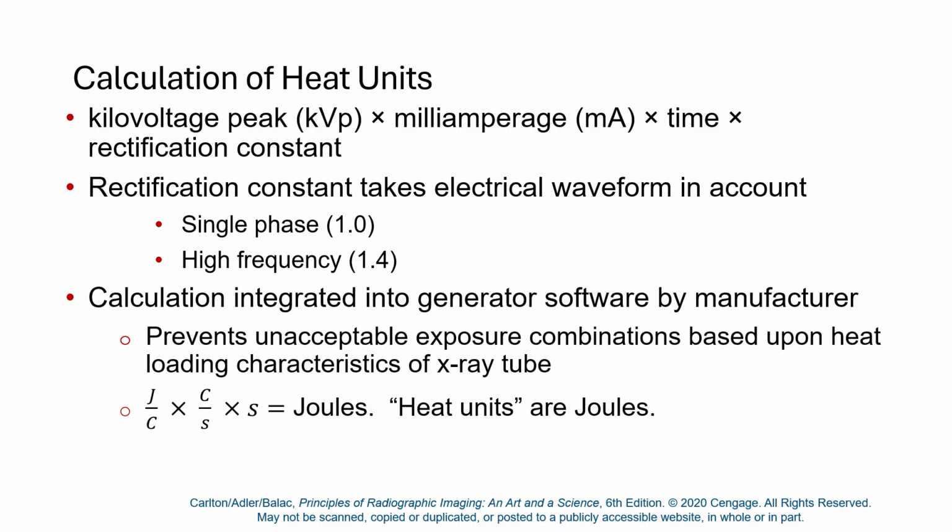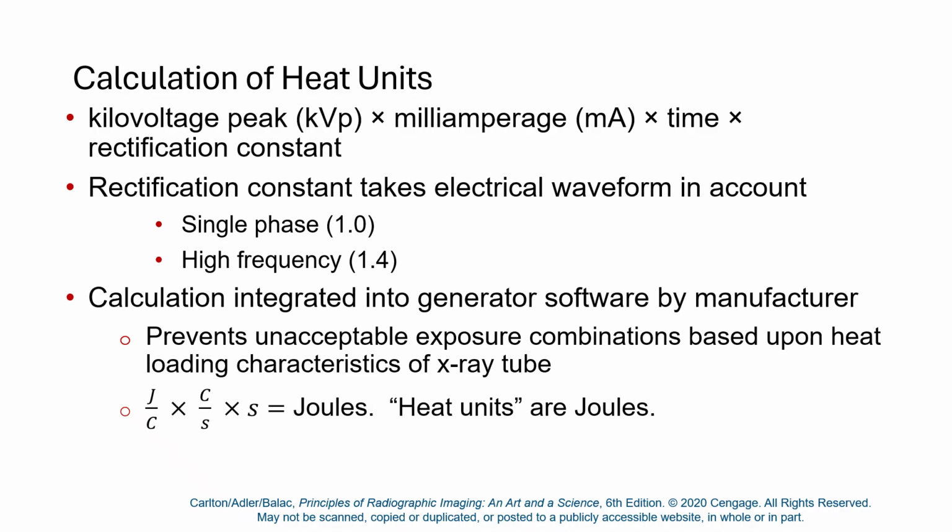So if you have a single exposure, but then you're about to dial up another exposure that is going to exceed maximum heat capacity, it will ask for you to wait and let the tube cool off. And so it basically will iterate and it will enforce the anode cooling curve and prevent you from making an exposure too rapidly, allowing time for the anode to cool off.